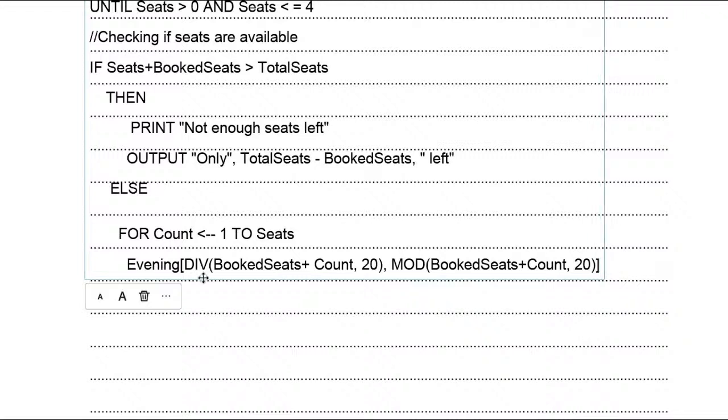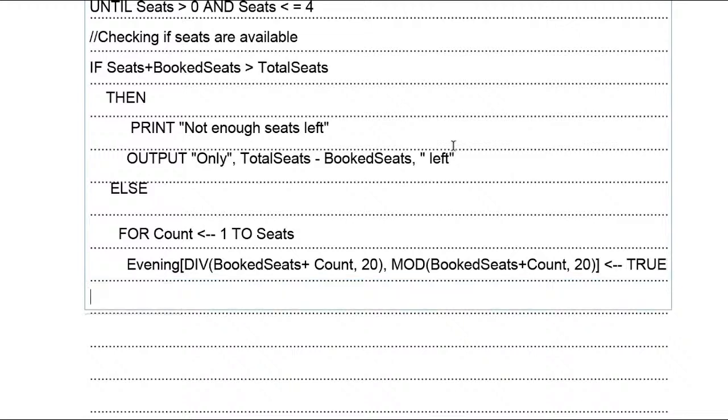So by using div and mod, we are going to find the row number and the column number, and for that row and column we are going to set it to true in order to show that this one has been booked.